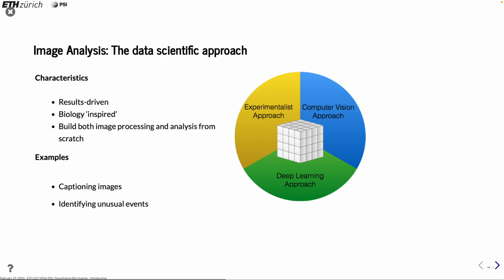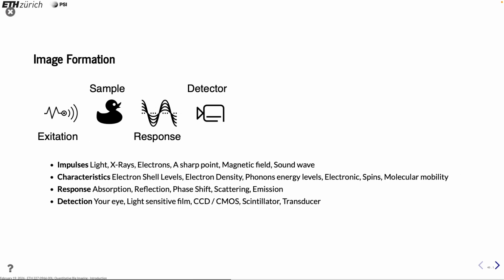In principle, what it does is reinventing, rebuilding the image processing and analysis from scratch with different approaches, even though it's actually using a lot of the computer vision things in the background. And what you're doing with it, you're capturing imaging and can also identify unusual events, so anomaly detection.